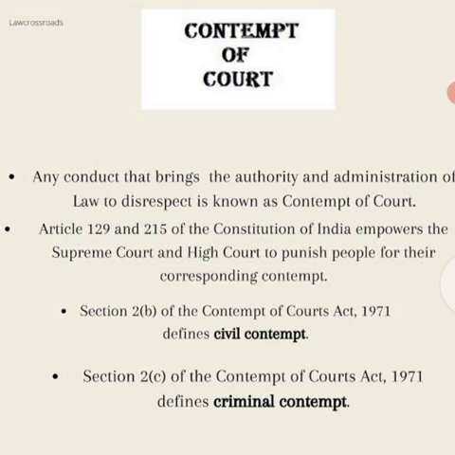So, the essentials of civil contempt are that there must be a willful disobedience, and the disobedience of the order, judgment, decree, or any other process related to the order of the court. It must be valid. If it is not a valid order, judgment, or decree, then it won't be considered civil contempt.